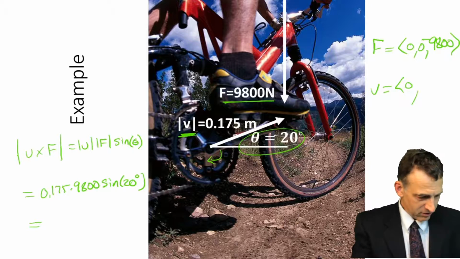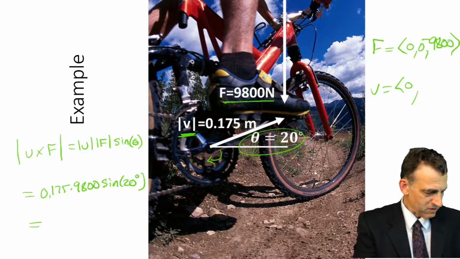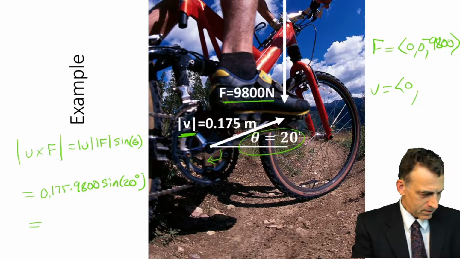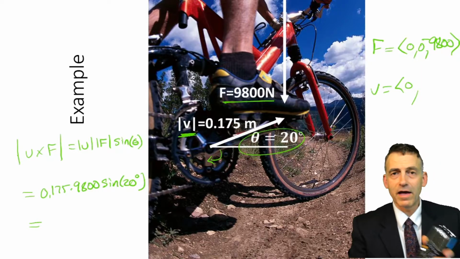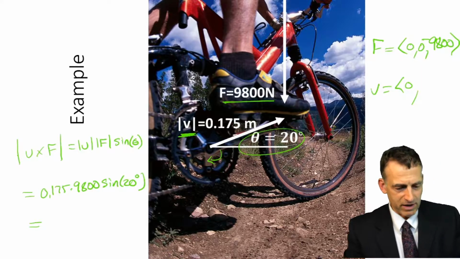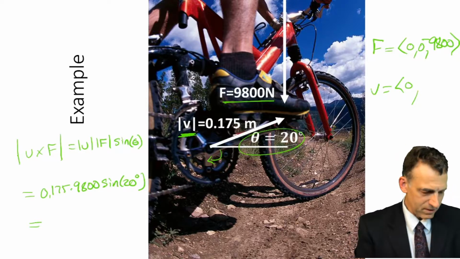Torque is measured in newton meters. Let's punch this into my calculator: 0.175 times 9800 times the sine of 20 degrees. Am I in degrees? I am. So my answer is 586 newton meters of torque.